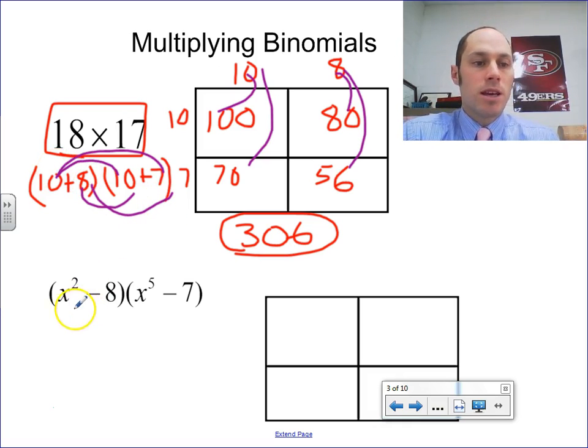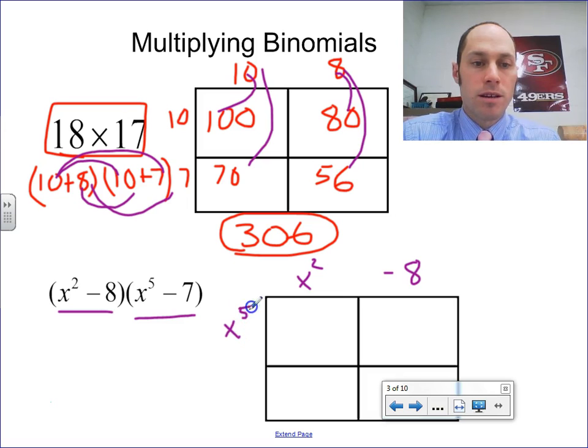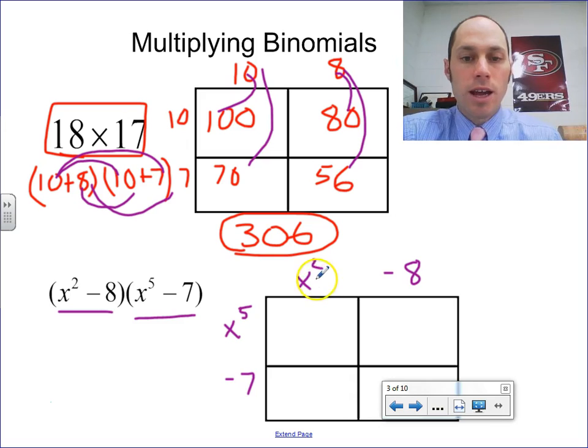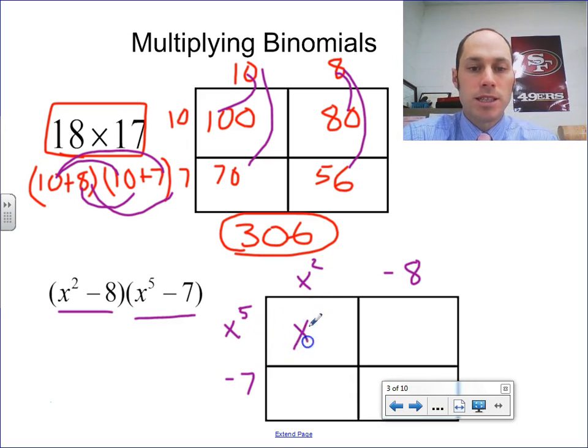So we can do the same thing with another binomial: x squared minus 8 and x to the fifth minus 7. We just multiply each of the sections together. X squared times x to the fifth is x to the seventh. Minus 8 times x to the fifth is minus 8x to the fifth.